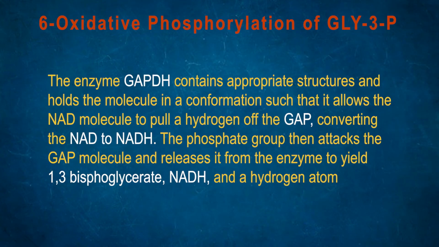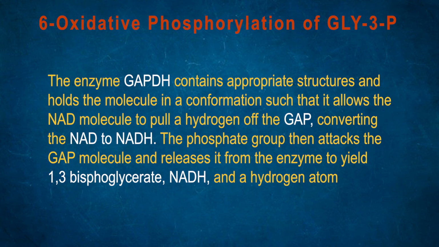The enzyme glyceraldehyde 3-phosphate dehydrogenase contains a structure and holds the molecule in a conformation such that the NAD plus molecule pulls the hydrogen off from the GAP, and ultimately the phosphate group is transferred to the GAP to produce 1,3-bisphosphoglycerate.